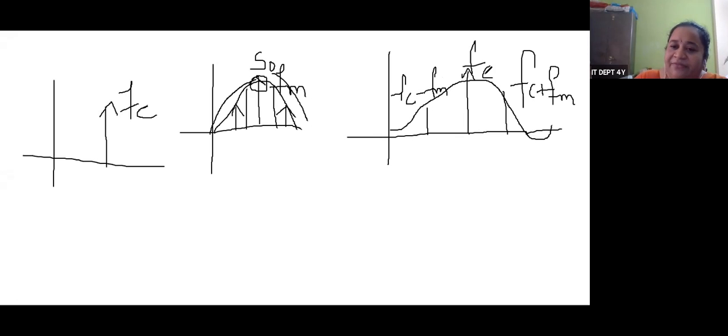Amplitude will be taken from the FC minus FM value. That is, whatever may be the highest peak value will be subtracted to the 0 level here, and again it is going to be from the highest modulation frequency level to the lowest modulation level values or the amplitude values. This is what we have represented here: FC minus FM, FC, FC plus FM.